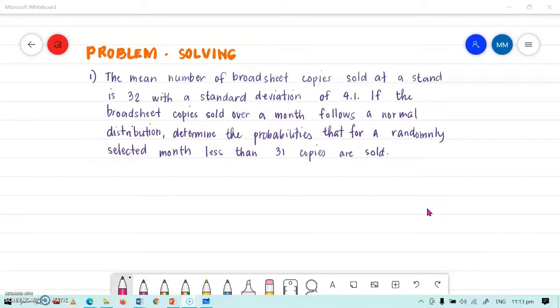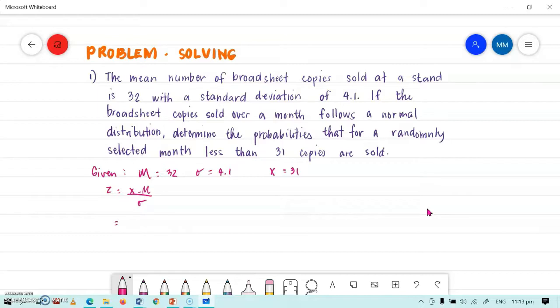Okay, so let's start first with the given. The mean is equal to 32, the standard deviation is equal to 4.1, and your x here is 31. Following the formula for standardizing a raw score, z is equal to x minus the mean over the standard deviation.